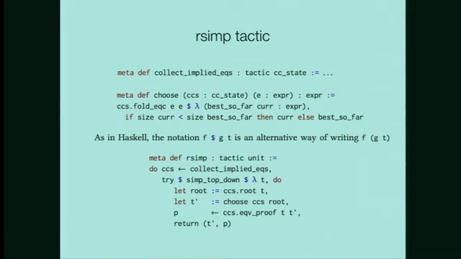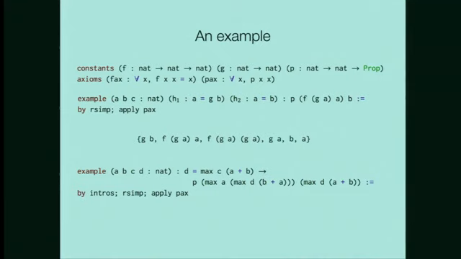If you go to the code base, you're going to see that it is more or less what is here. I just removed optimizations to make it easier to understand. If you go back to the previous example, you can now solve it with rsimp.